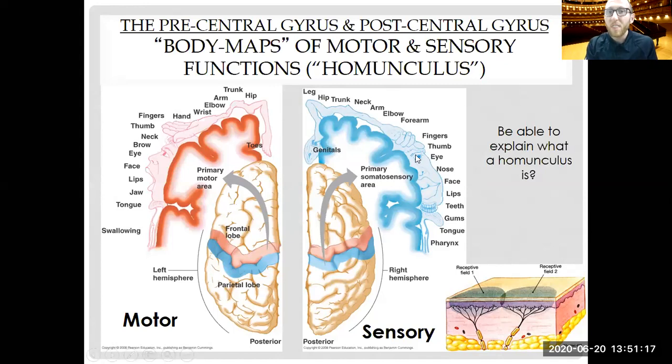For example, the face and the fingers and the tongue, they take up almost half of this area of the brain. But things like the leg, the hip, the trunk, the neck, you know, areas that you can still feel, but not as clear or not as sensitive, would get less area. So again, this is a body map, but be able to explain what a homunculus is.